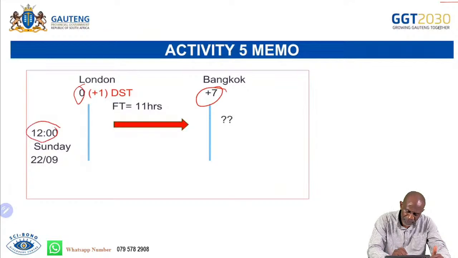Now, we want to establish the DST in conjunction with the arrival time to Bangkok. So it is the 22nd of September of that particular year. What we want to establish is the arrival time here, as you can see the question marks.